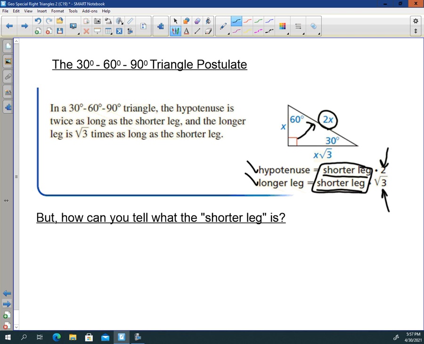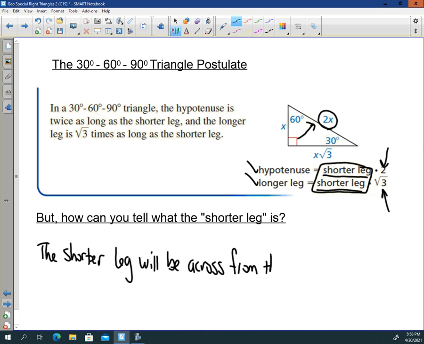So how can we always tell what the shorter leg is? Well, the shorter leg will be across from the 30 degree angle.